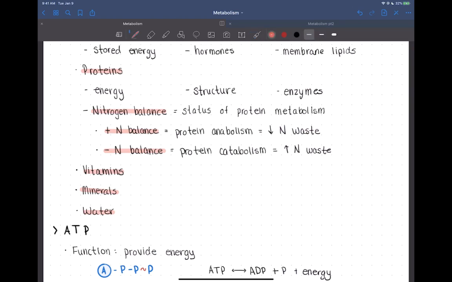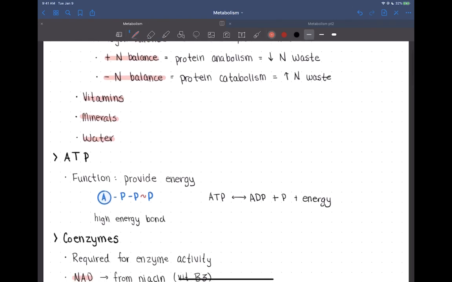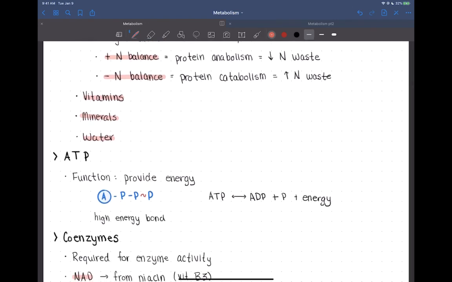Okay. And then finally, we have our last three categories. Vitamins, we talked about in the last chapter: those fat-soluble vitamins, the CADE vitamins, vitamin K, A, D, and E. And there's also water-soluble vitamins, like B vitamins and C vitamins.